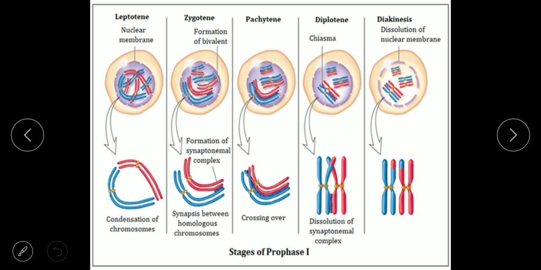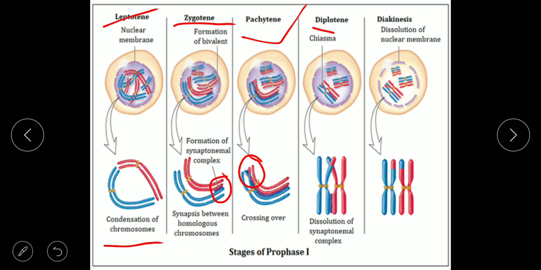This is the overall picture of the stages of prophase-I. First, the condensation of the chromosomes takes place at the Leptotene stage, and second, at Zygotene stage, the synapsis between two homologous chromosomes occurs. That means they come near. Third stage, which is very important, is the Pachytene stage, where the crossing over takes place between two non-sister chromatids.